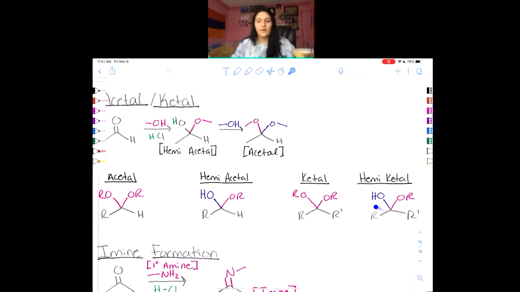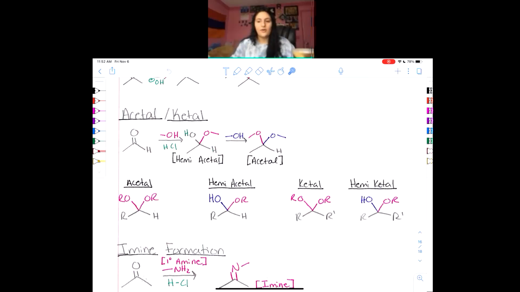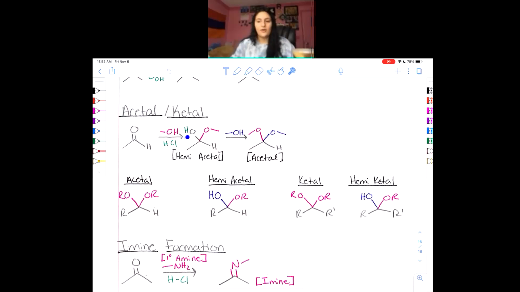If you have two R groups and an OH and an OR, that's the hemiketol because there's two different groups up here. And again, this is a reversible reaction. I just got lazy and only drew one-sided arrows, but I will put a little note that all of these reactions are reversible.